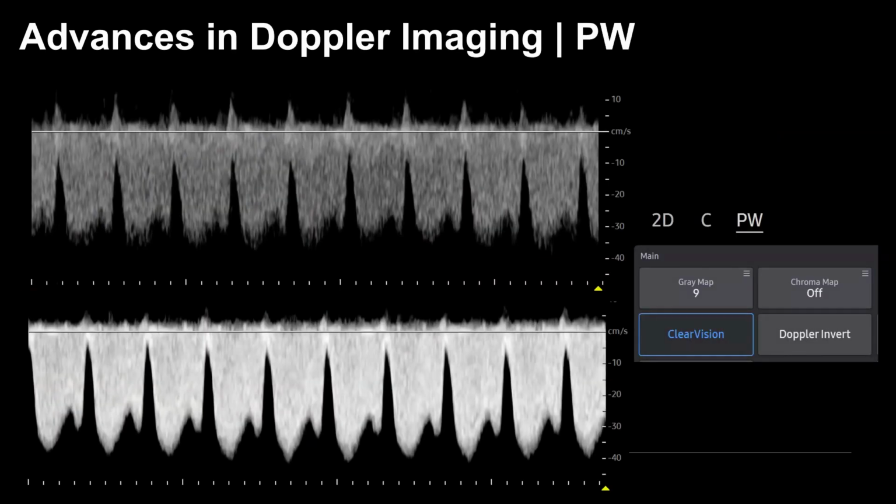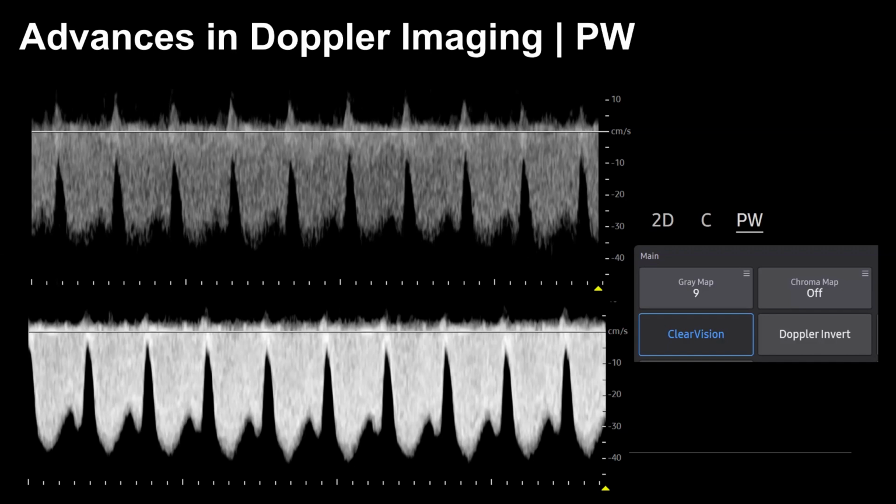Another very important advance that I would like to highlight is pulse wave Doppler. As you know, pulse wave Doppler is a mandatory component of fetal echocardiography, so we need to document using this technique the blood flow across all cardiac valves and in the pulmonary veins.